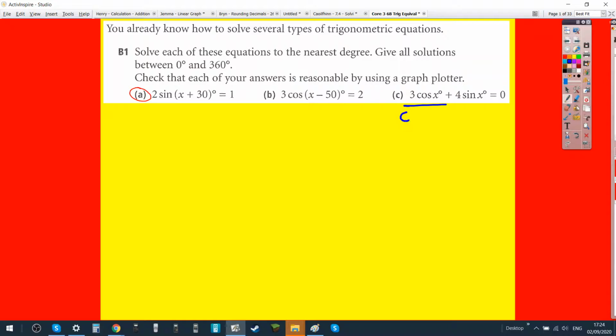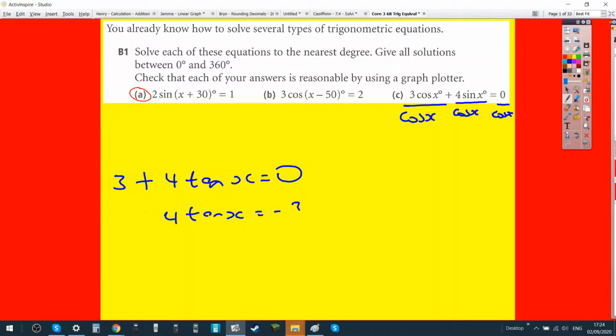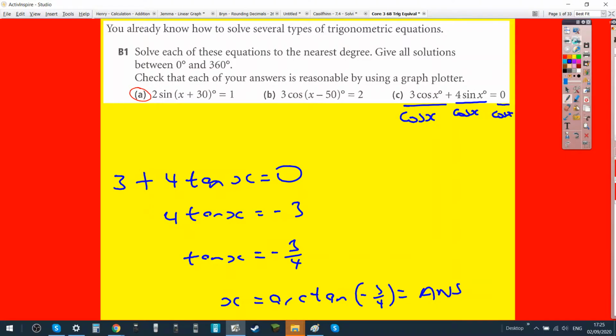What would you get? 3 plus 4 tan x equals 0. Yep, 4 tan x equals -3. Tan x equals -3/4, and so x would be whatever arctan of -3/4 is, and then you would just keep adding 180 until it's within your range.